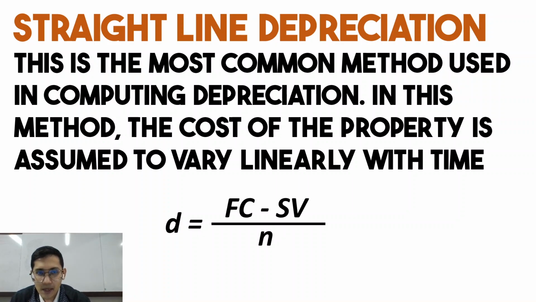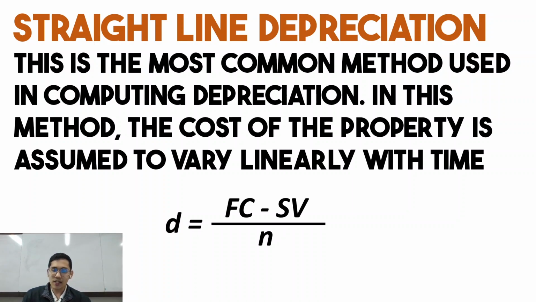So, if we say SLD, or what we call straight line depreciation, this is the most common method used in computing depreciation. Ito yung pinakamadali. In this method, the cost of the property or a product is assumed to vary linearly with time. Kadalasan, nagva-vary siya on how many years na siyang nagamit or nasayo. For example, yung kotse.